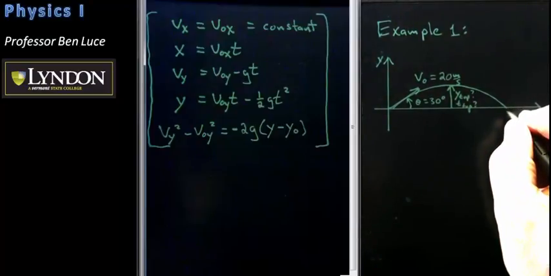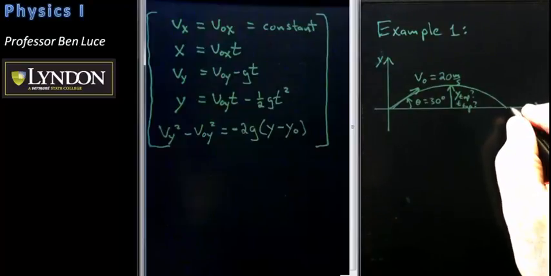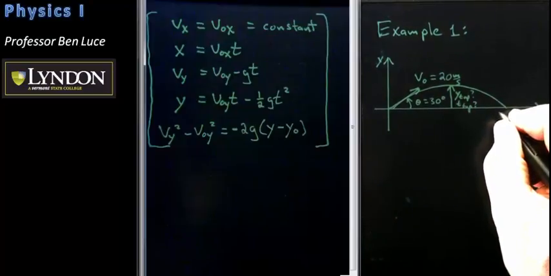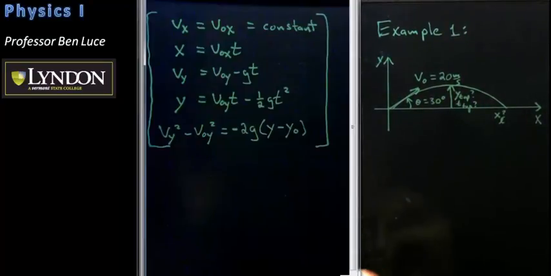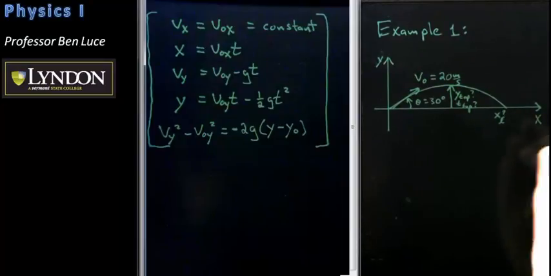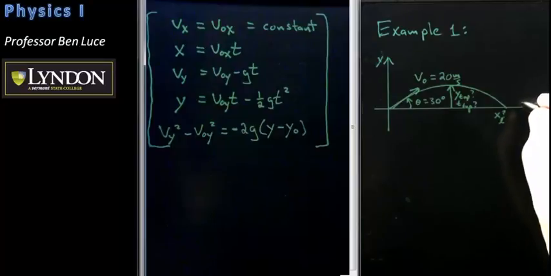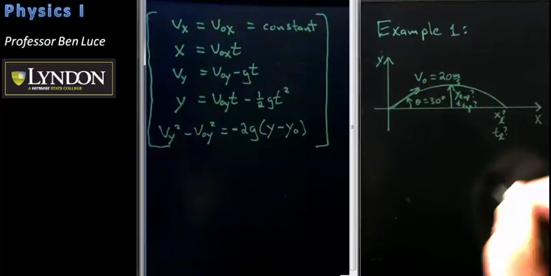We can also ask how far does it travel. That is, we can ask what is the range. And that's going to be given by the x-coordinate at landing. So we'll say x-land, with a question mark to indicate that question. We also are going to be interested in when it lands, so t-land.